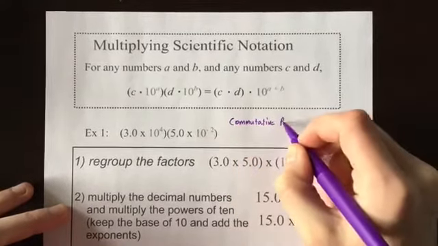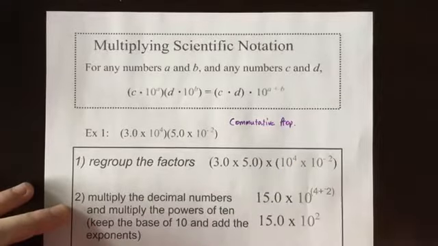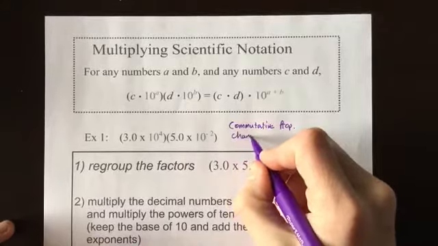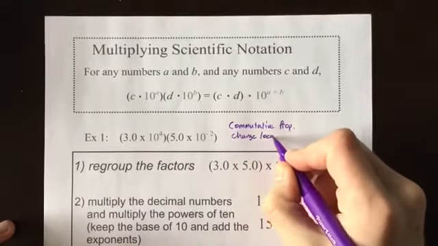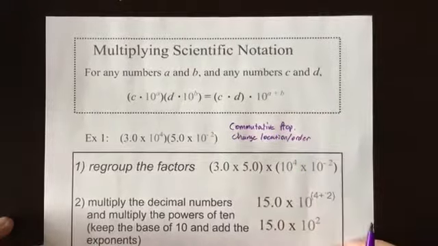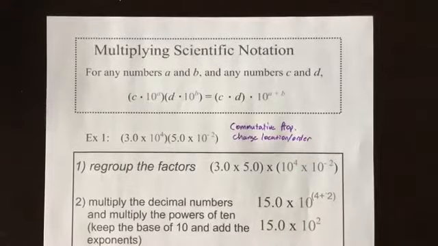If you remember, our commutative property tells us that in multiplication we can change the location or the order of our numbers without affecting the product. So we use that as our tool.